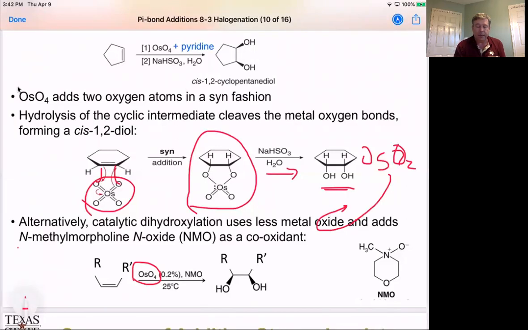What we can use for that is N-methylmorpholine N-oxide. This heterocycle here is called morpholine, and by having this oxygen here, it's a radical anion, so we can transfer this oxygen back to the osmium to regenerate osmium tetroxide. Therefore we can use a catalytic amount of toxic osmium in the reaction, making this a very safe and easy operation to give us a cis diol.